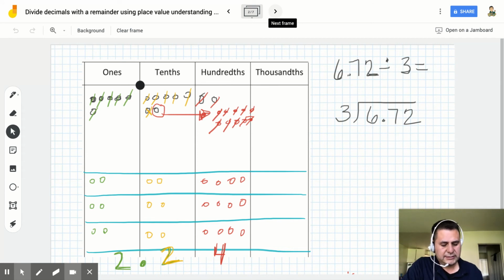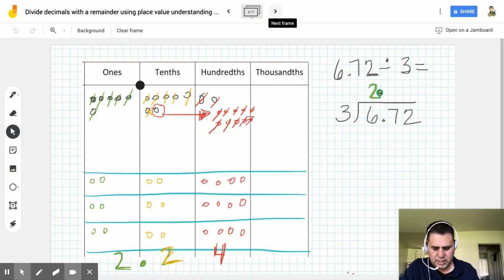If I had $6, how would I divide it between 3 people? How many dollars, or how many ones, will each of those 3 people get? Let's check here. Everyone got 2. So I'm going to write 2. Everyone gets $2.